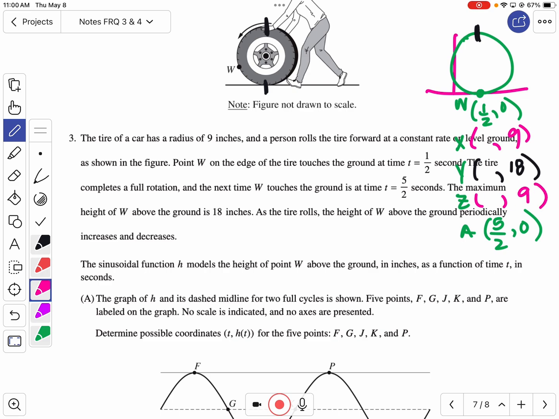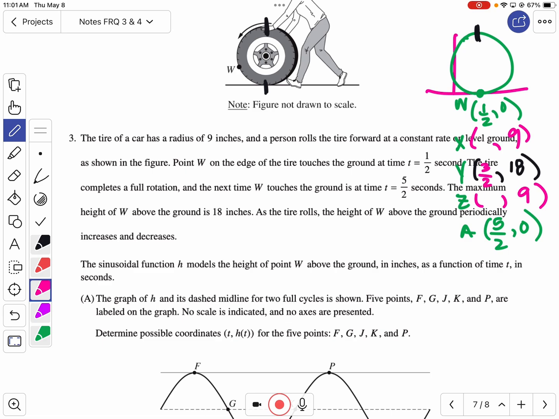Question: how far is it from 1/2 to 5/2? 2. And what's halfway between? Yep, 3/2.